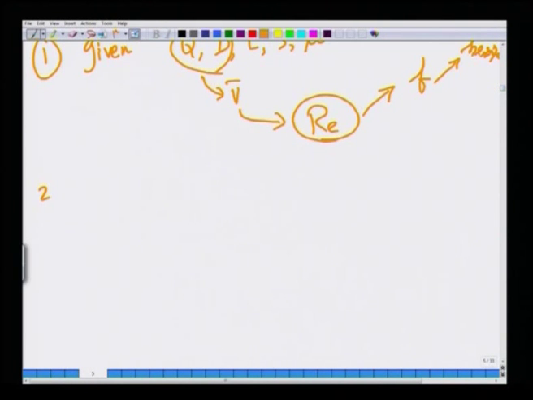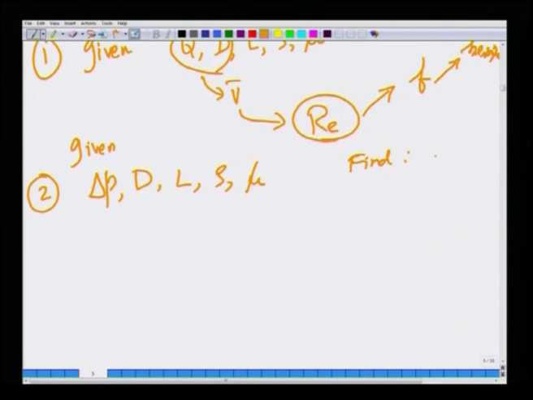Now, there can be other classes of problems also. Suppose you know delta P, diameter, L, rho, mu, and we are asked to find the velocity or volumetric flow rate.